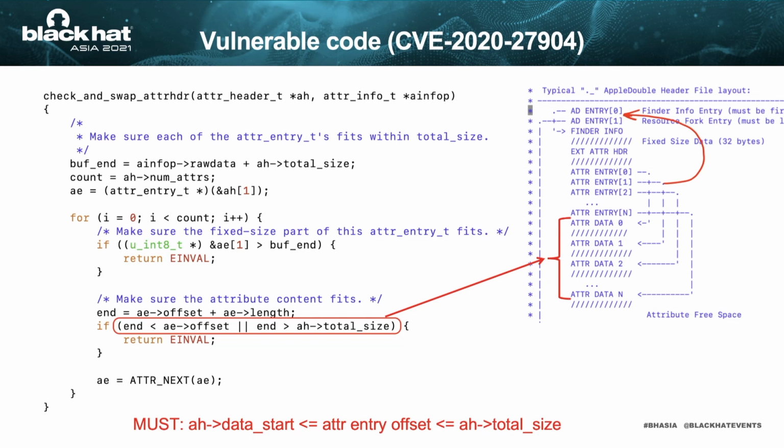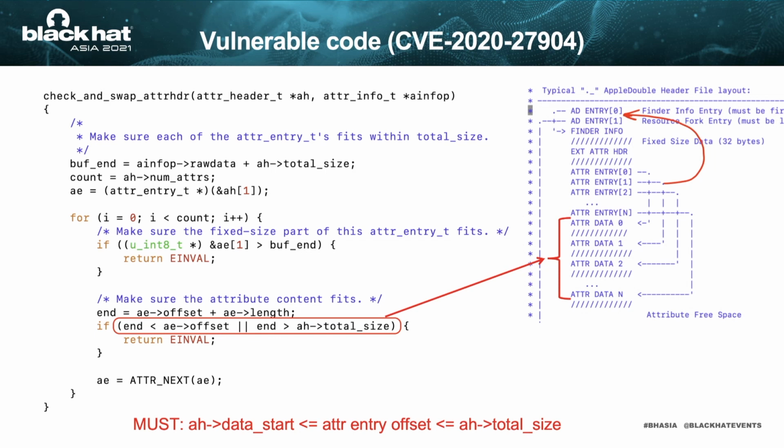But look at this line marked in red. It does two things: add offset and length to see if there is an integer overflow, and check the end of attribute data to see if it exceeds the end of the data area. However, this code doesn't check the offset itself.